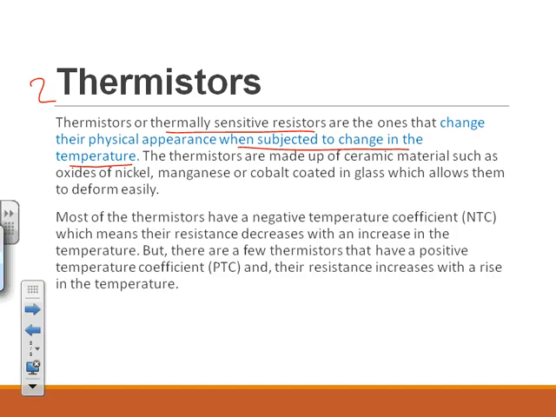Most of these thermistors are of two types. The first is the negative temperature coefficient type thermistor, and the other is the positive temperature coefficient type thermistor. So what is a negative temperature coefficient material?